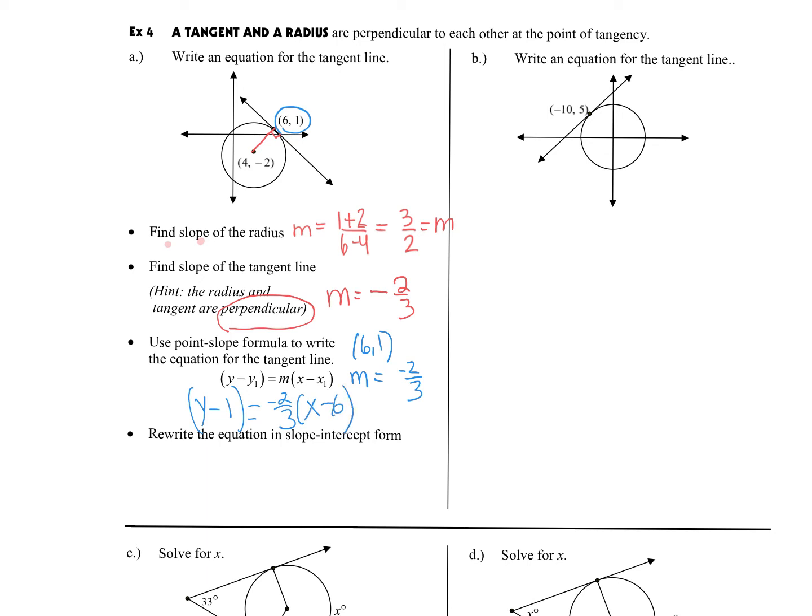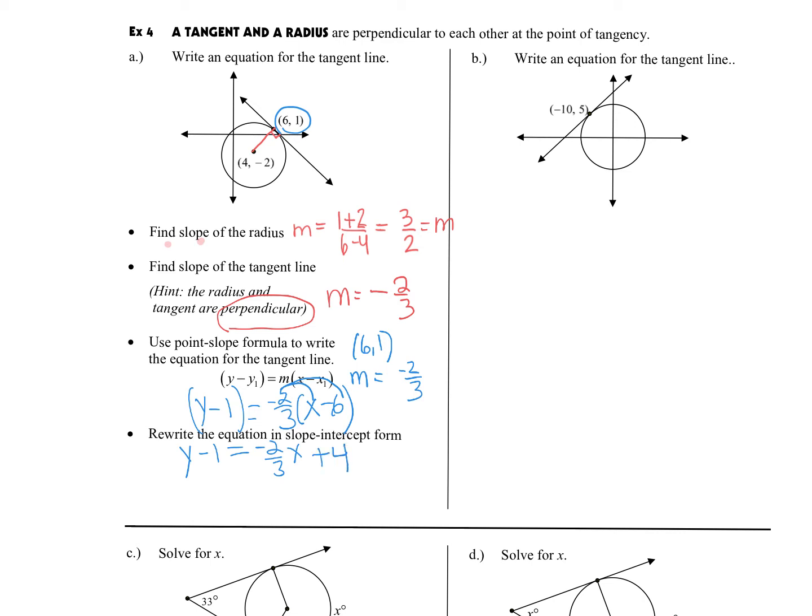So that's our point slope form, but we very often don't leave our answers in point slope form. We usually take them to slope intercept form. And so we're going to solve this for y now. So I'm going to have y minus 1 equals, distribute here, negative 2/3 x, distribute here, that's going to give me 12/3, which is plus 4.